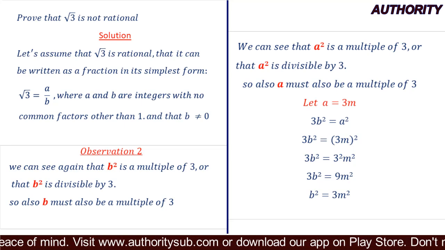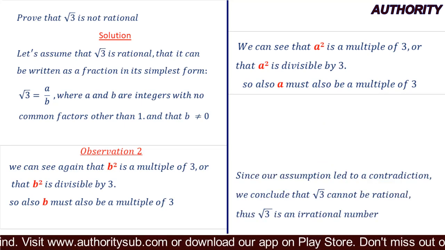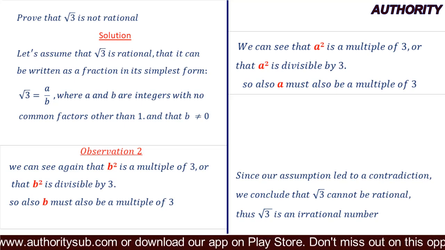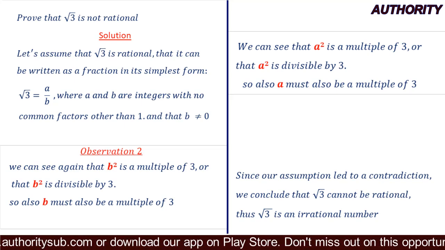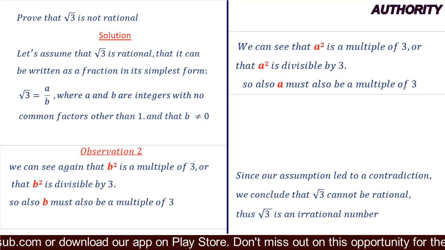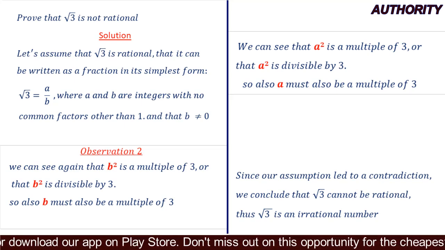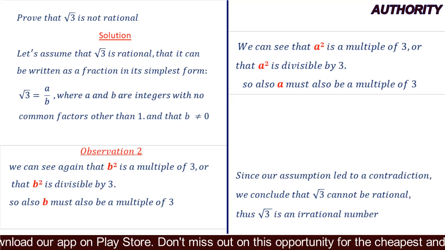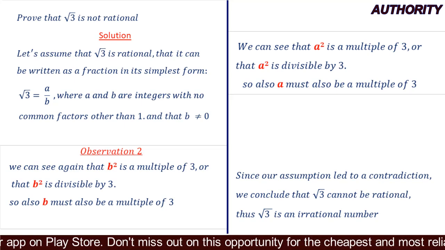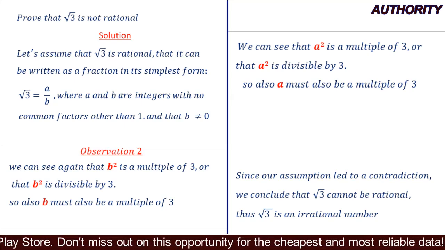So from here, we see that root 3 is not rational from observation 1 and observation 2, where we said that it can be written as a fraction in its simplest form where a and b have no common factor, or are not divisible by any number. And then in observation 1 and observation 2, we see that a and b have common factor 3, or are divisible by a certain number 3.